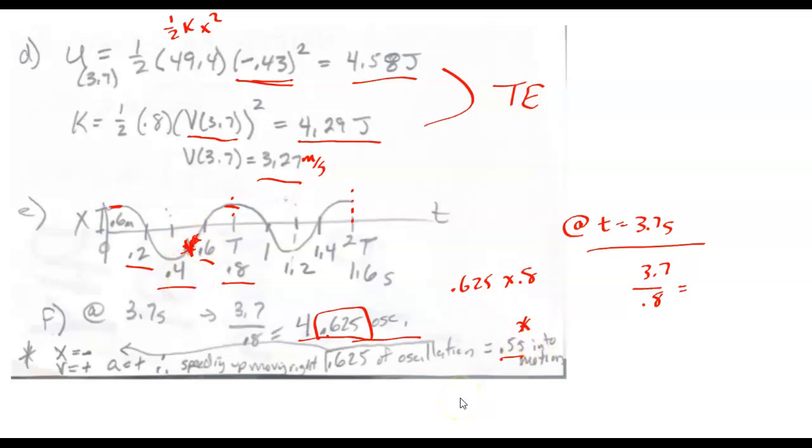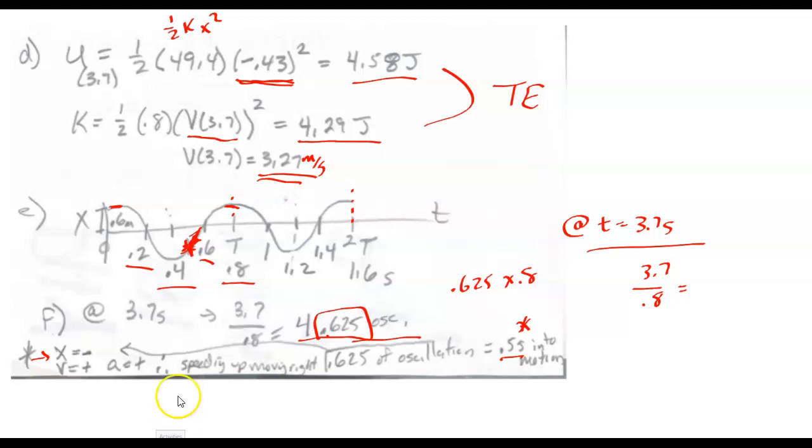I'm just looking at what's happening there. I have a negative position. I've already evaluated that and got that value. So I'm at a negative location, which is good for my graph. The velocity is the slope of that, so I can plug into that. I got the velocity to be positive 3.27. That means I have a positive slope here. The slope of the position versus time graph is the velocity.